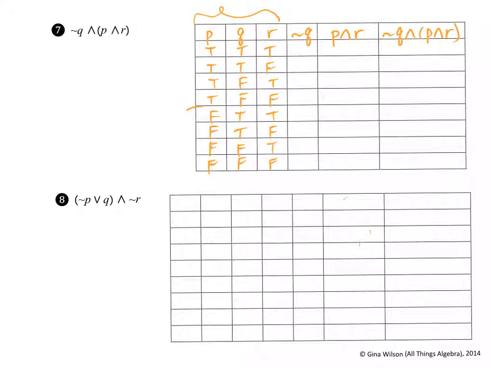I usually just put everything in the first column true, then figure out the next 2 columns and make sure that I have all the possibilities. From there, you figure out all the remaining columns and see what your final answers are.